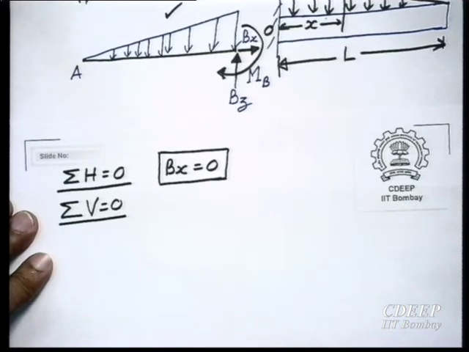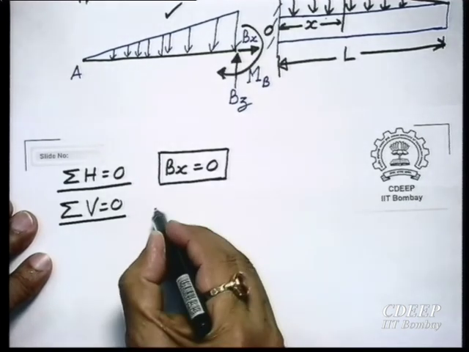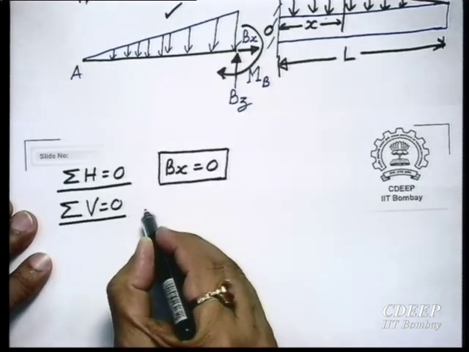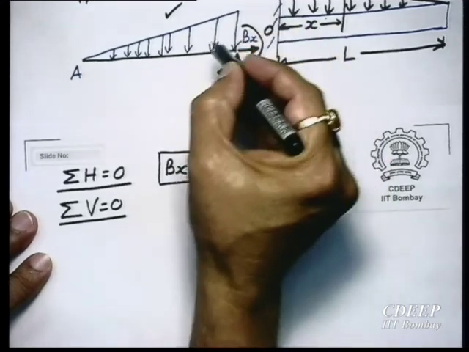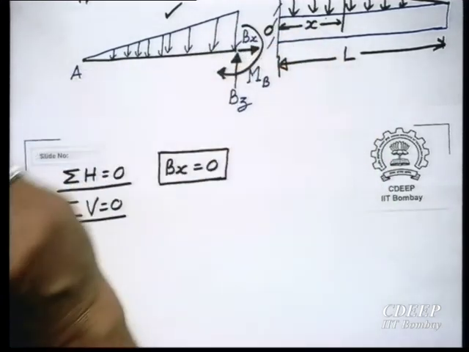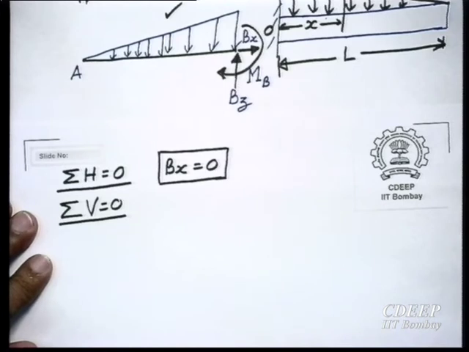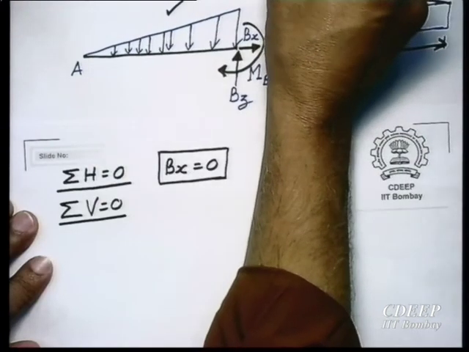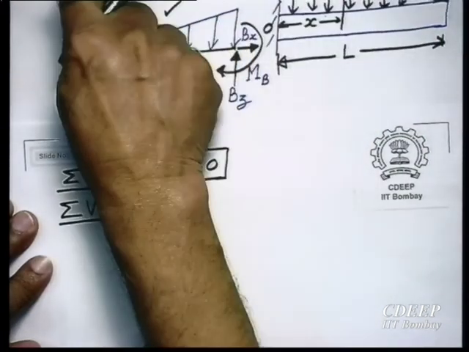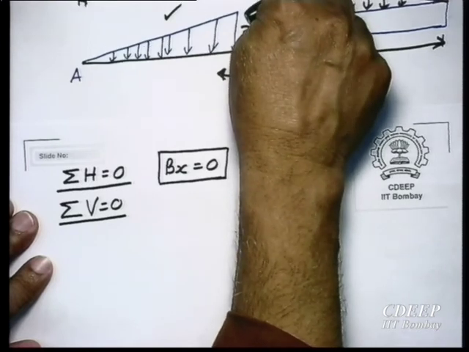Yes, please. Vertical, what are the forces? Yes, this is a triangular load. What is the equivalent load? The ordinate here is P naught. It varies from 0 to P naught per unit length. Is it clear?